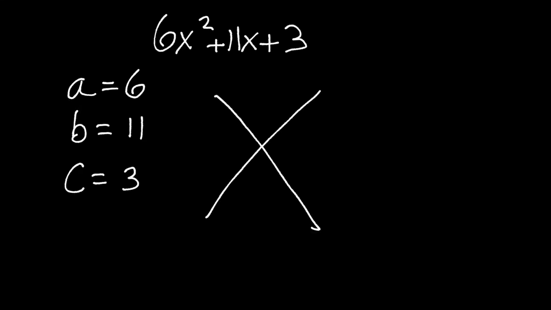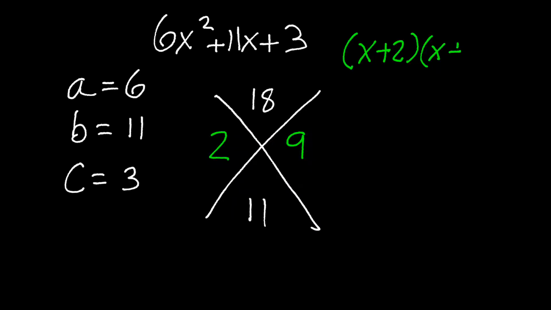A times C up top is 18, B is 11, and I need to come up with 2 numbers that are going to multiply to 18 and add to 11. Hopefully we know our factors well enough to say it's 2 and 9. So I have x plus 2 and x plus 9.